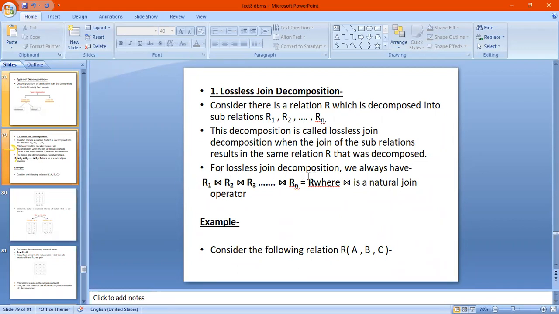For lossless join decomposition, we have R1 joined with R2, R3, and Rn.